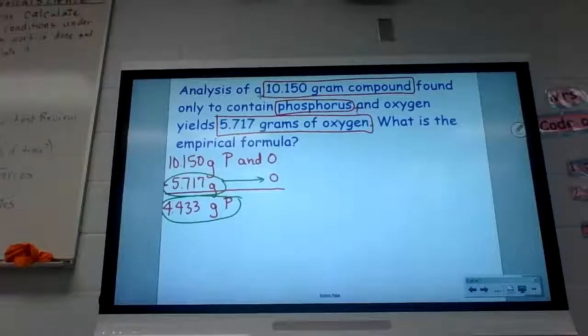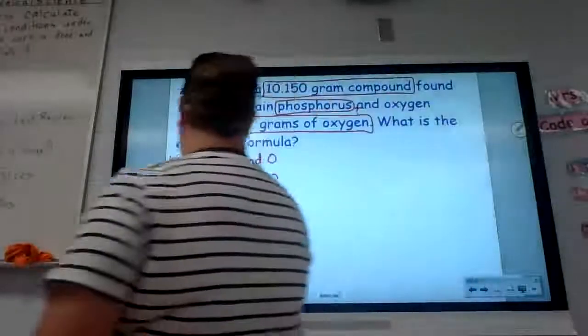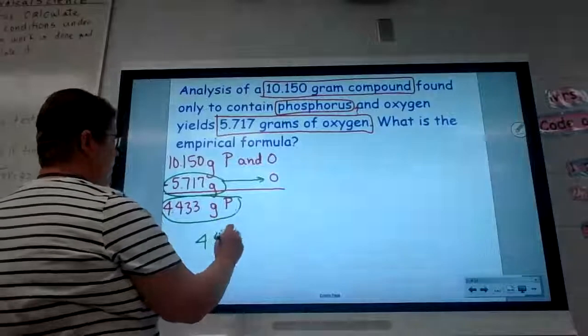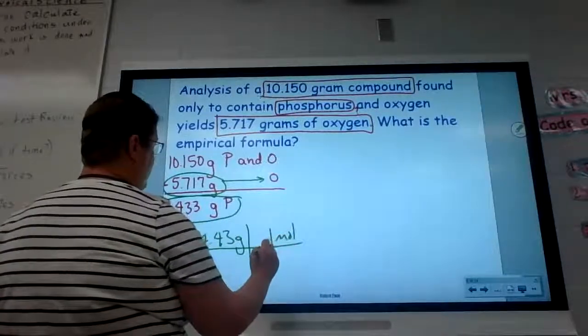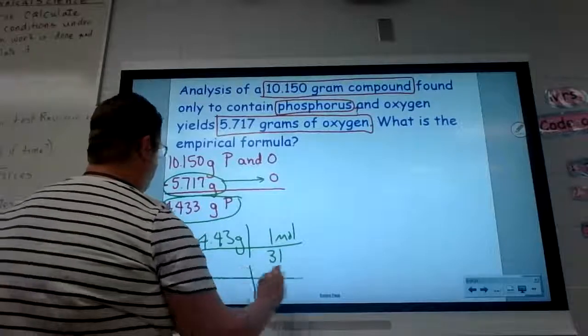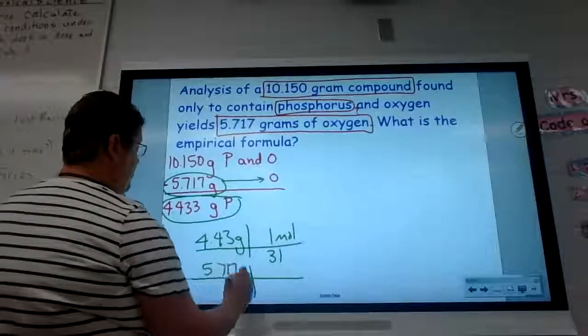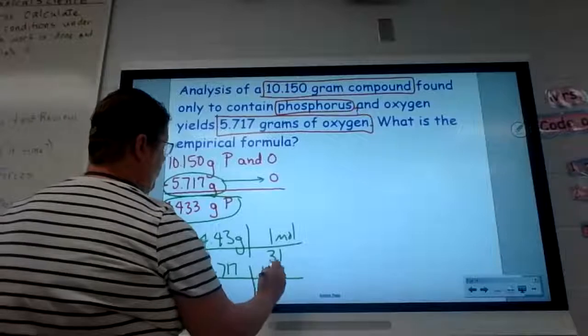All right, how are we coming? Got an answer for me? Yes. All right, so when we took 4.433 grams, changed it to moles, we had what, 31? I'm just going to use whole numbers. 5.717, 16, 1 mole.